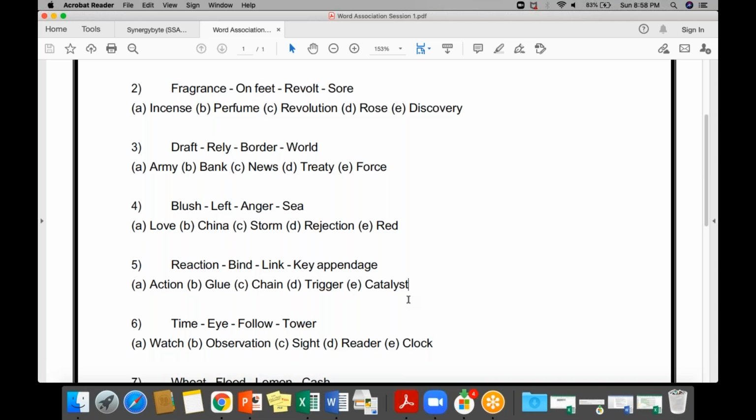Catalyst makes a process faster, smoother, and achieves something in lesser time. I can link catalyst with reaction and with key appendage, but not with the other two. My correct answer here is chain. Chain is the only word I can put with all the four words. Is it clear to everyone?